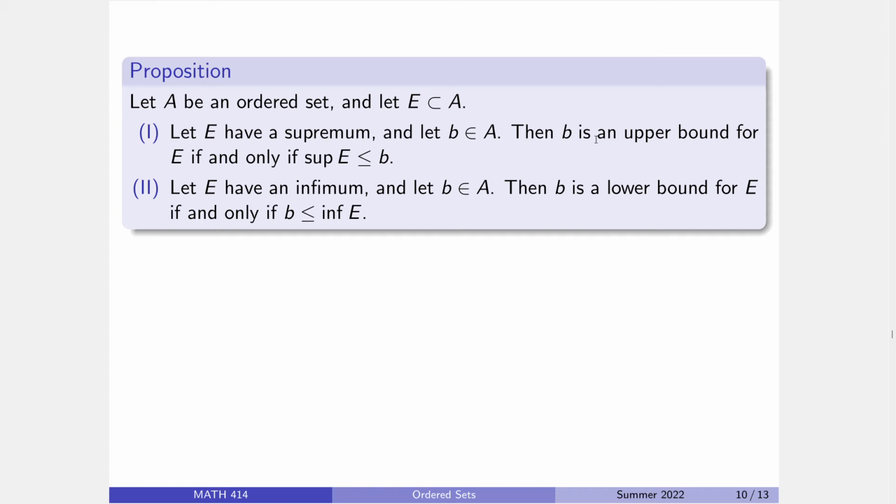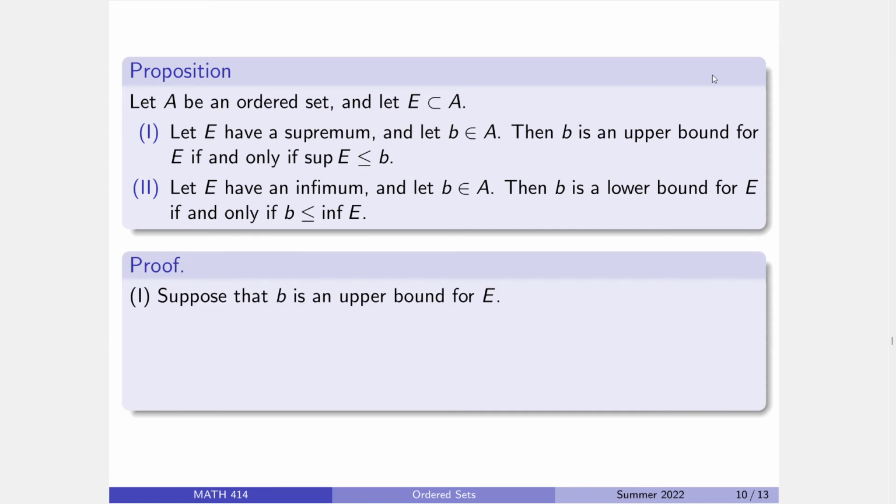So the only way you've got something that's an upper bound is if it's greater than or equal to your supremum. This is one of those statements that you prove in mathematics, and you don't actually use the statement itself, you rather use its negation. It's just easier to prove the statement, and then its negation is the useful one, because we are going to have things less than a sup, and that means it can't be an upper bound. We just proved a characterization of things that are not upper bounds, which is pretty useful.